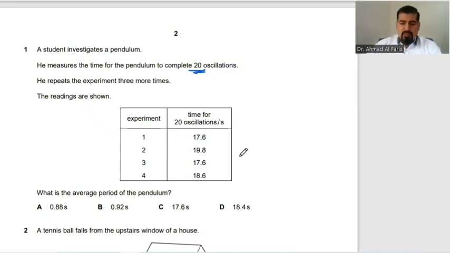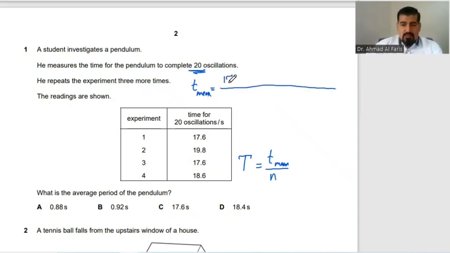Now we need to find the period here, and the period is the time divided by what? The number of oscillations. But since we have 4 experiments, we need to find the mean of the time to be more accurate. So the mean time, the average time, is equal to the addition of all times divided by their number.